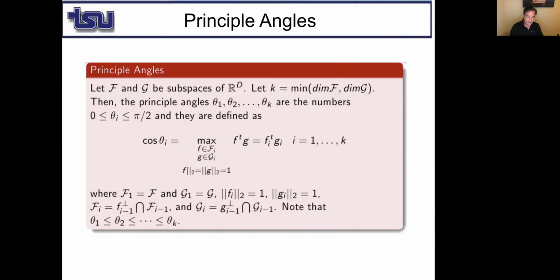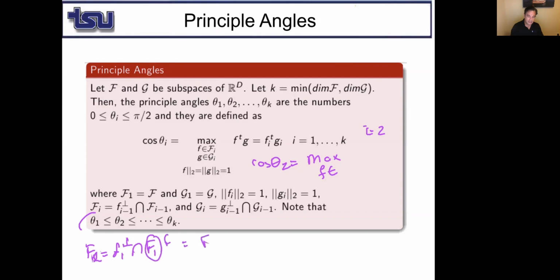I will define, let's say that i is now 2. If i is 2, I will say cosine theta 2 is equal to the maximum over f2 and g2. What is f2 in this case? f2 will be f1 perp intersection f.